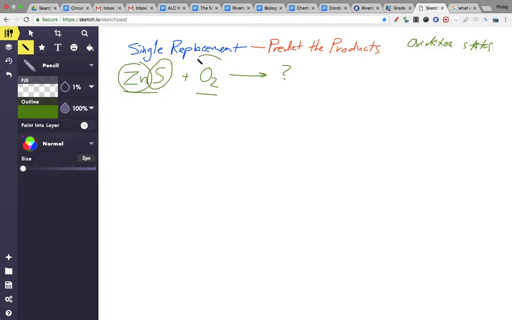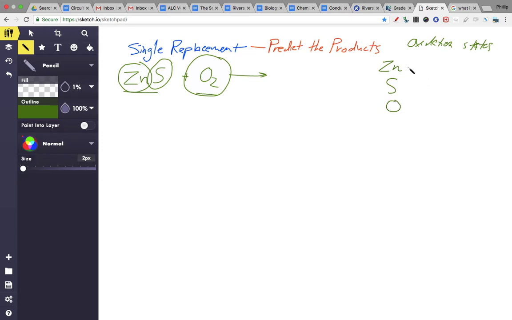mixing with diatomic oxygen. And so we need to know how those elements recombine in the products and in what amounts, in what ratios will they recombine. So let's look up the oxidation numbers for our three elements here: zinc, sulfur, and oxygen.